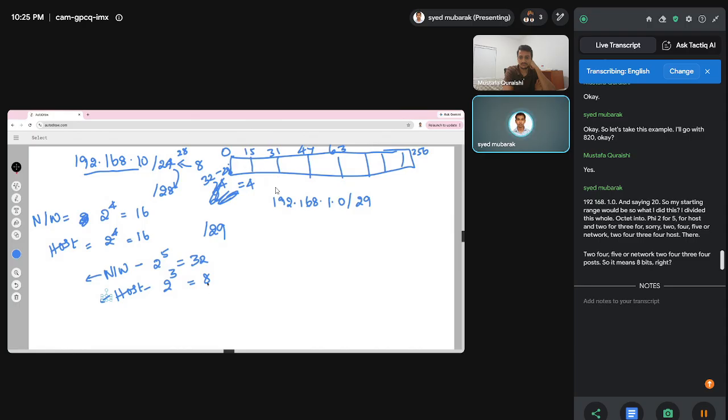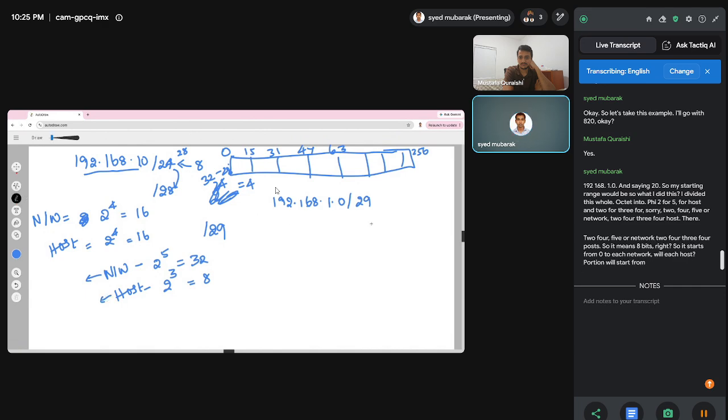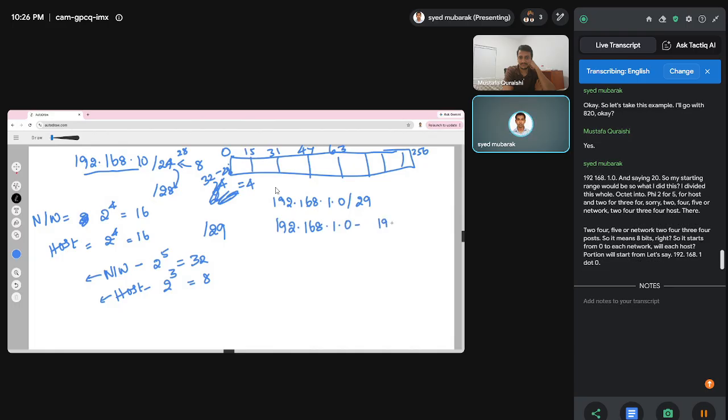Each host portion starts from 192.168.1.0 and goes to 192.168.1.7, correct?